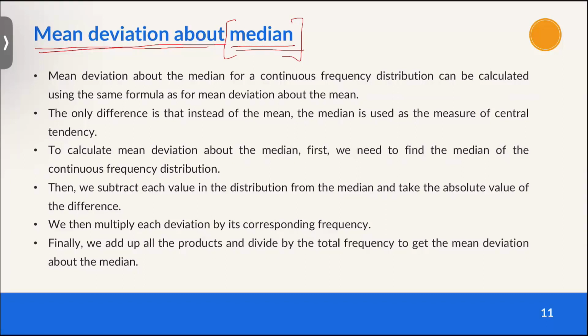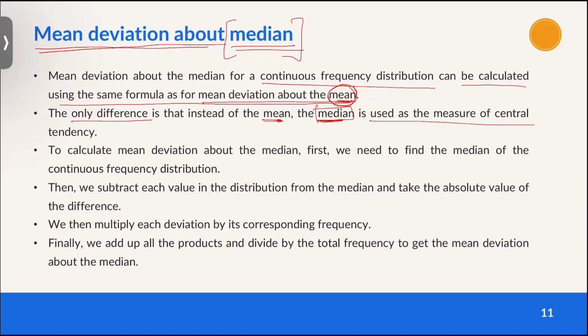So mean deviation about median for a continuous frequency distribution can be calculated using the same formula as the mean deviation about mean. Whatever formula we used for mean, we do the same thing for median also. But the difference is how we calculate the median.